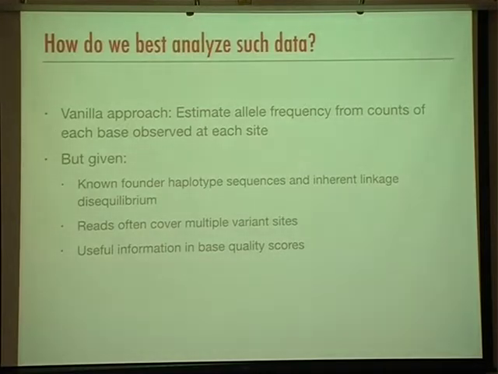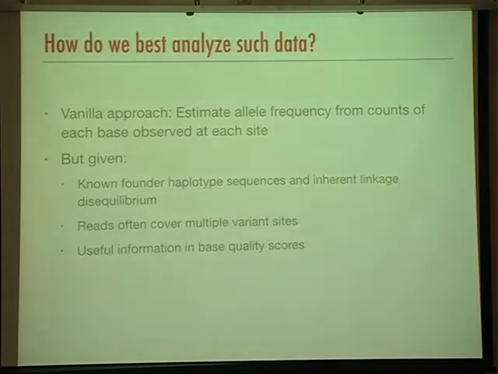This wouldn't be the case in a species like humans, where the effective population size is too small to have polymorphisms at such density. But in Drosophila, you actually will get multiple variant sites within a single read. And so you actually have quite a bit of haplotype information in this experiment. Reads cover multiple variant sites.